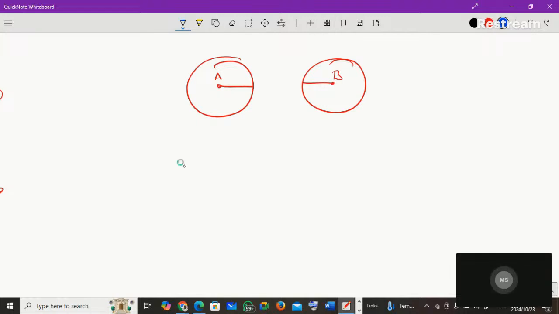If I look for the distance between A and B, I will find that the distance between A and B is greater than R_A plus R_B, because the distance is big and there is a space between them. Are we together?